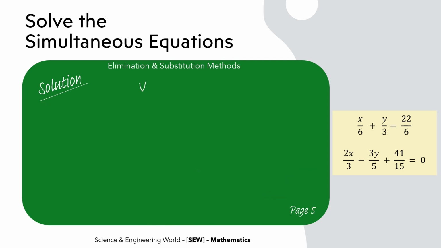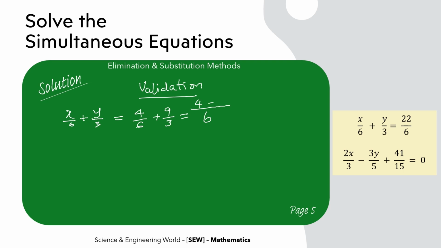Validation. For the first expression, we have x over 6 plus y over 3. And we said that x is 4 and y is 9. So the common factor here will be 6. 6 in 6 is 1, 1 times 4 is 4.